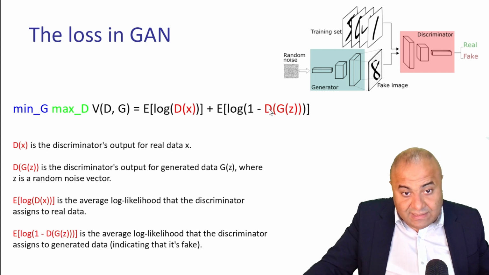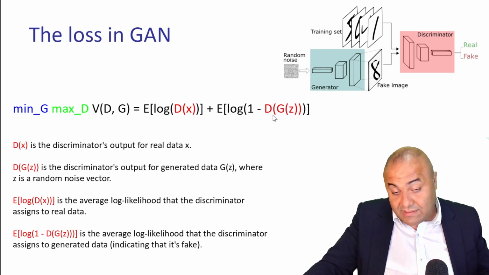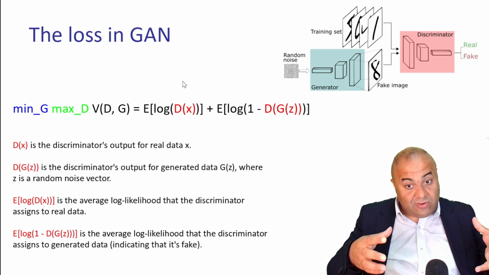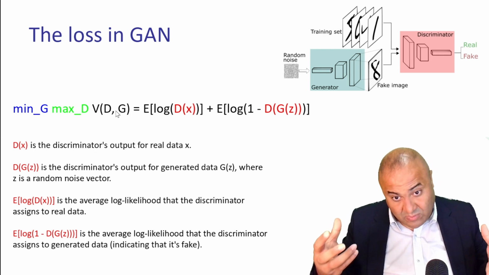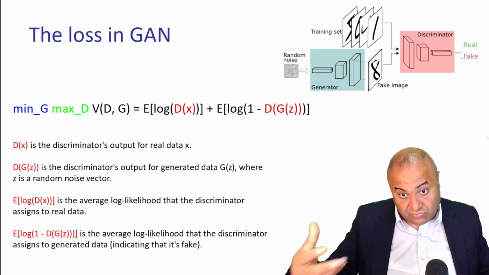So as much as possible, here we'll have 1 and here we will have 1. So the value of V will increase as much as possible. This is what the discriminator is trying to do.